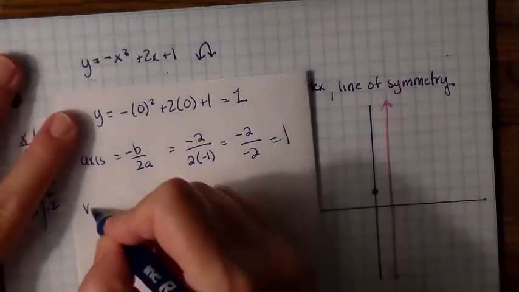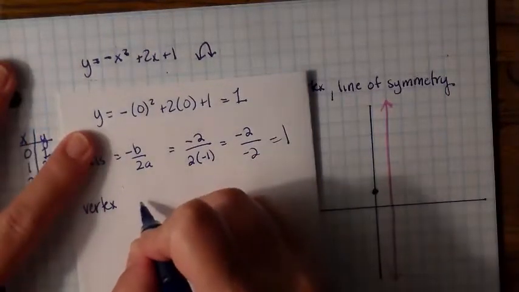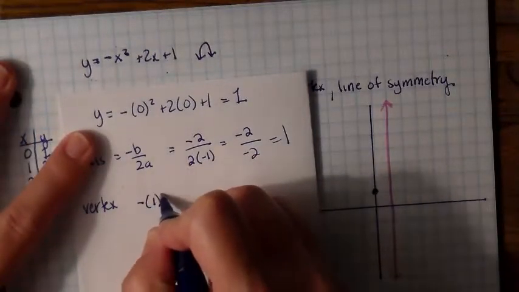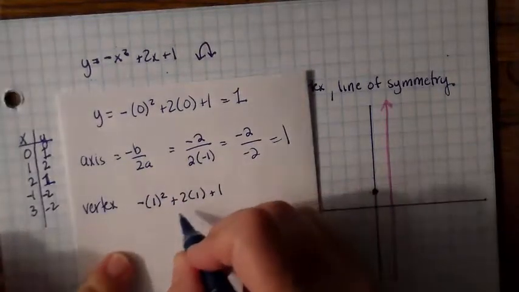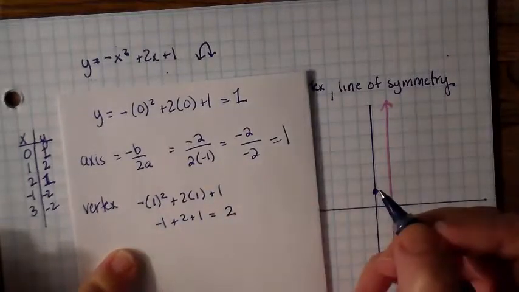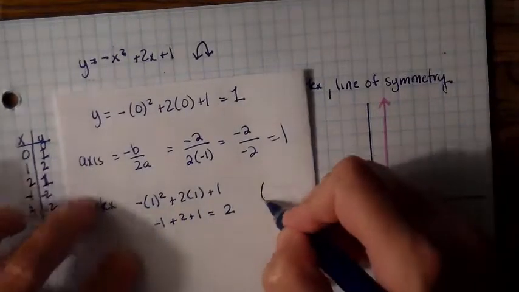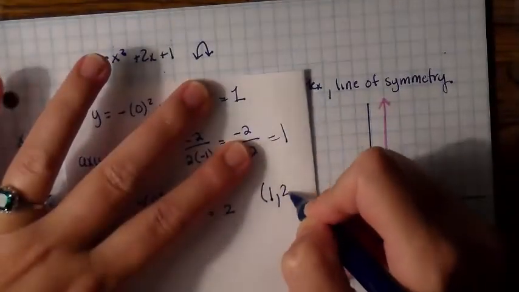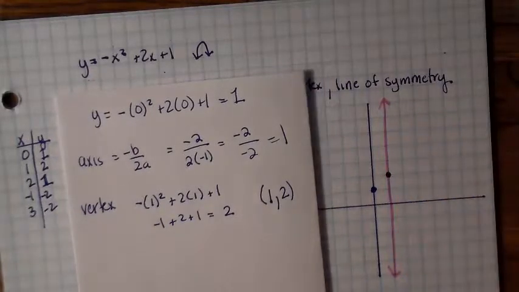And then to find my vertex, I plug in 1 for x. So I get negative 1 squared plus 2 times 1 plus 1. So that's negative 1 plus 2 plus 1, so that's 2. So my vertex is occurring at the point 1, 2.